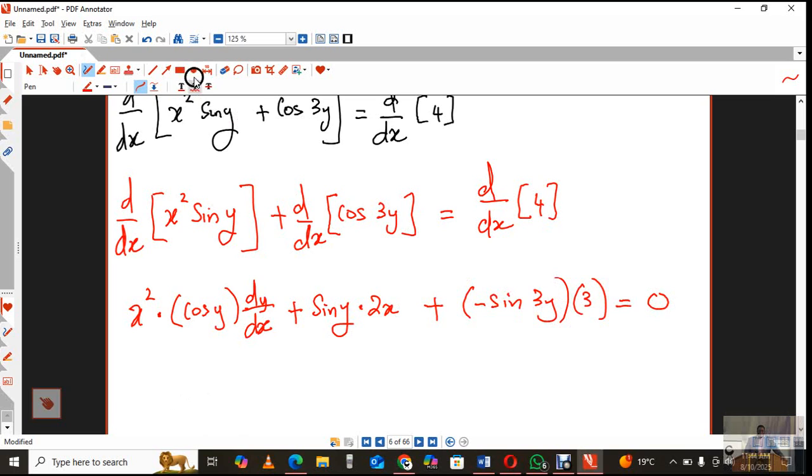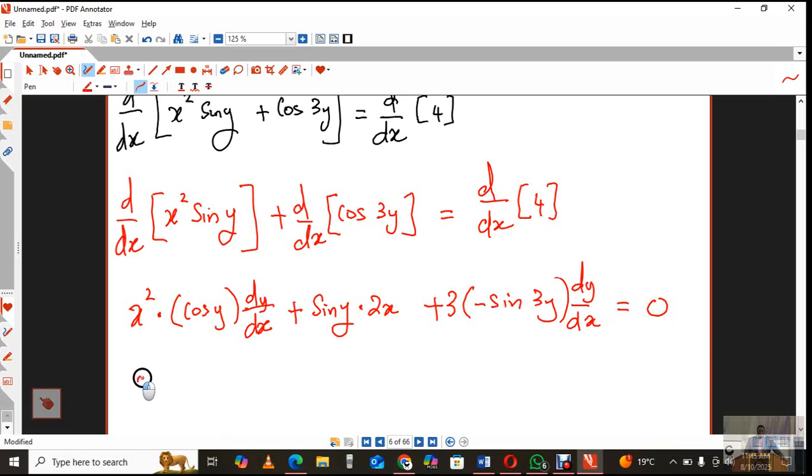There is something missing here. The derivative of cosine is minus sine, but that is with respect to y, not x, so you have to say dy/dx. See how easy it is to make a mistake. Obviously multiply by 3, which is the derivative of 3y, and that should equal 0.